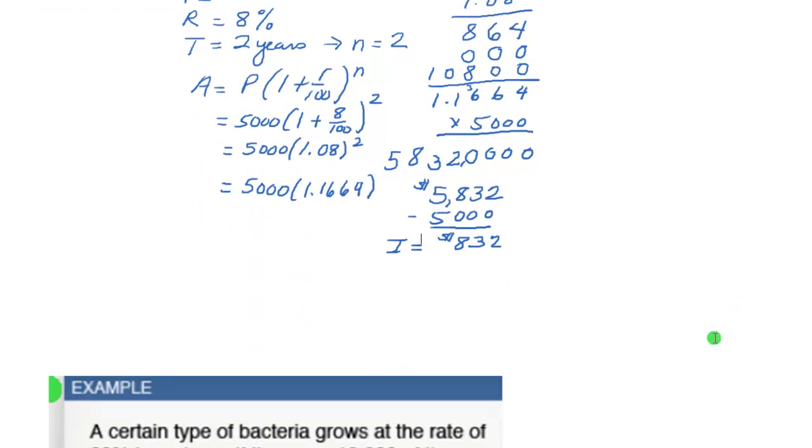Let's do a couple more and then we'll be done. A certain type of bacteria grows at the rate of 60% in an hour. If there are 10,000 of these bacteria initially, what will be their number after 2 hours? Well, here's the thing. Population growth like this, or bacteria growing, that is compound interest. It's the same formula, okay?